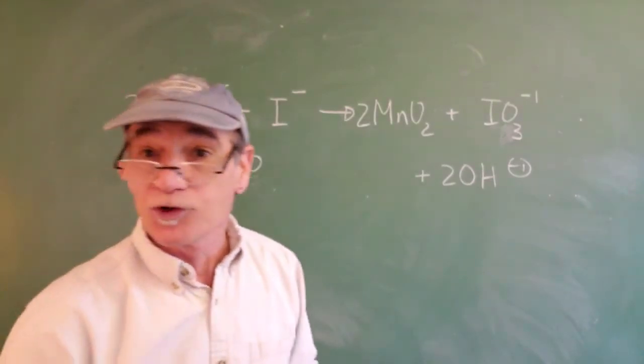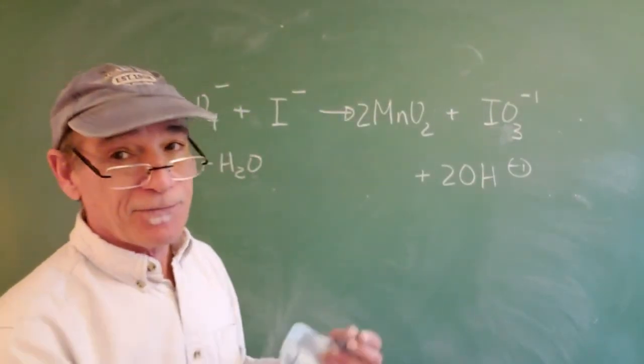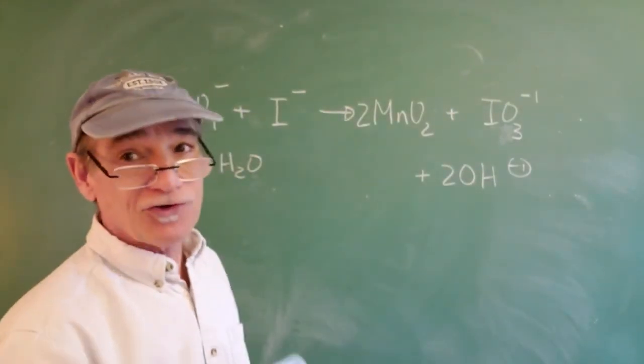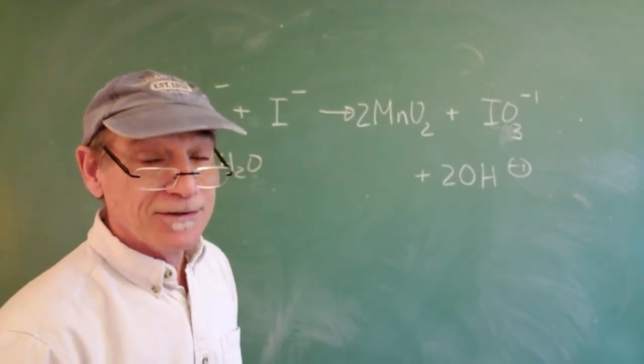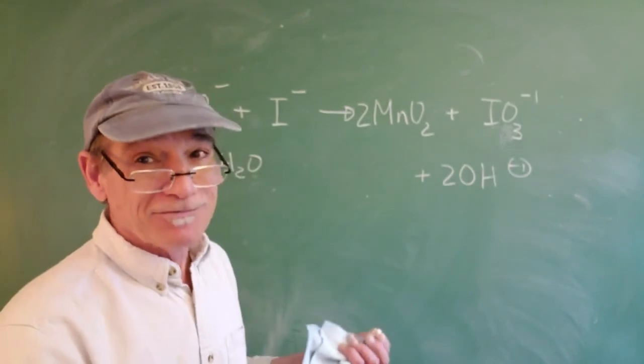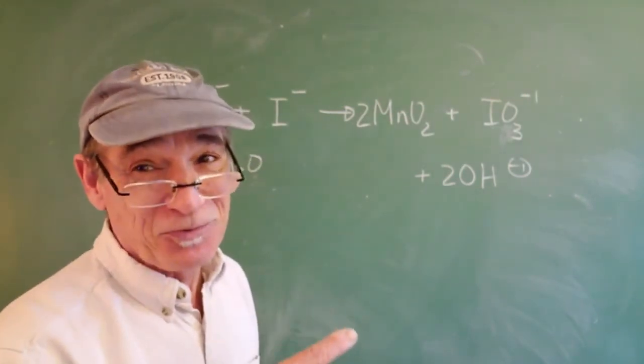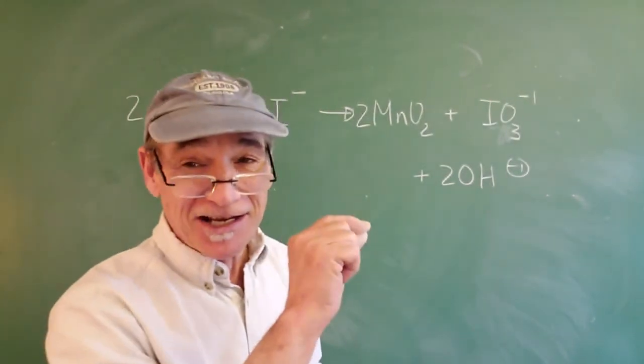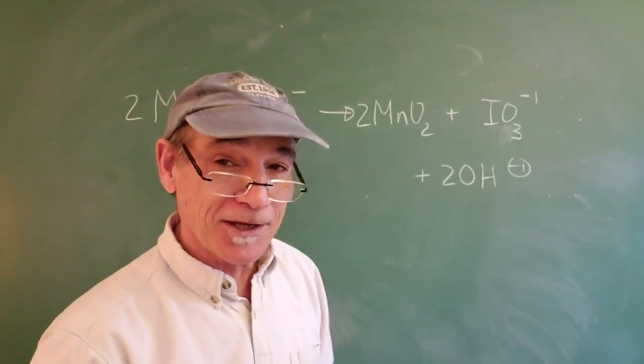So sure enough, once you balance the charge and tie up that loose end, generally the oxygens at that point are going to balance. Otherwise, if something went wrong at the very last step, remember my advice: go back to step 1 because you misassigned an oxidation number somewhere at the beginning.